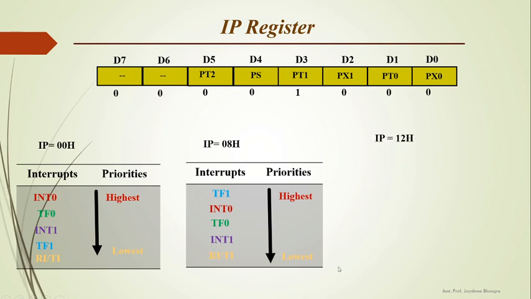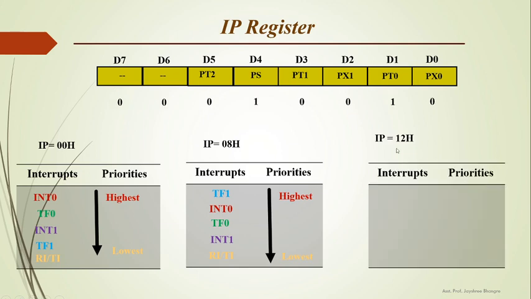If we place IP equal to 12H, here we are assigning priorities to the serial port and timer 0. So as in default priorities, TF0 has higher priority than serial port interrupt. That's why here also the TF0 has higher priority than serial port interrupt.